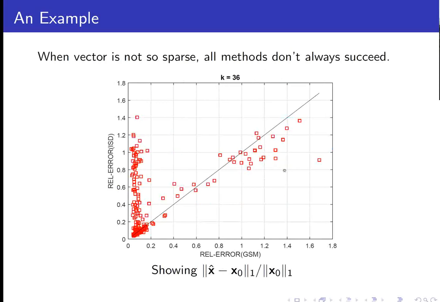And as you can see, some instances, those that are here, I don't know if you can see, but both our method, which is called GSM, and ISD fail. But all of the instances here on the left are cases where we got very small error, whereas the next best competing method was unable to get a good estimate of the original vector x0.